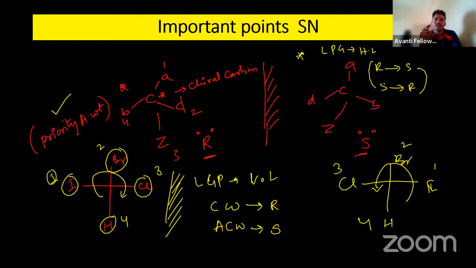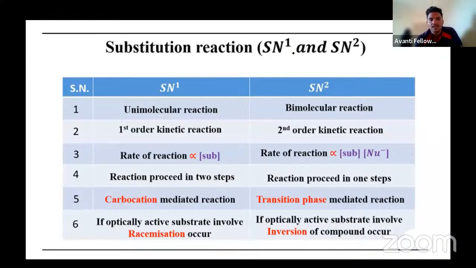If the lowest priority group is on the horizontal line, then R becomes S and S becomes R configuration. Very, very important.